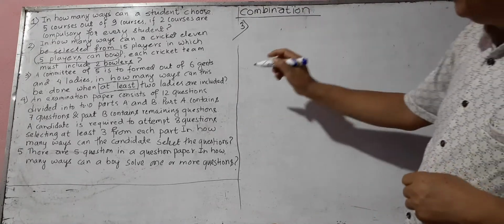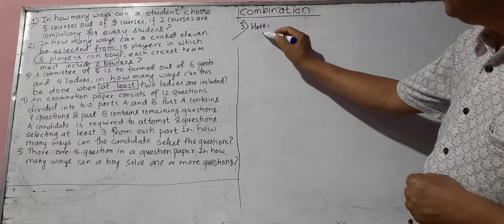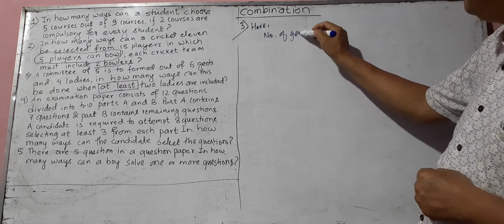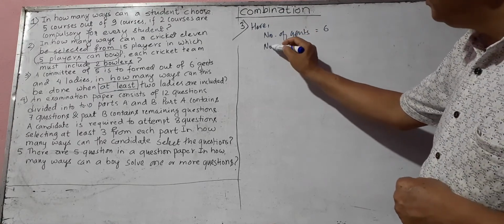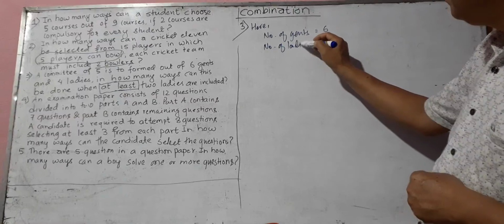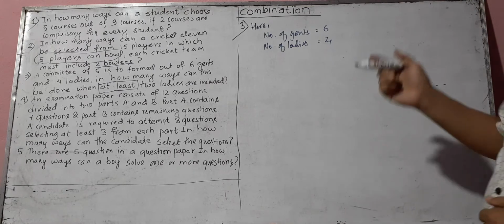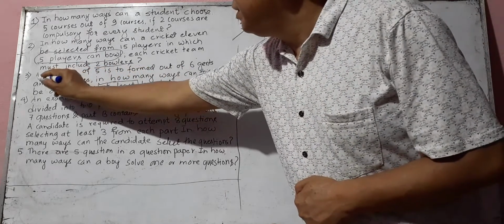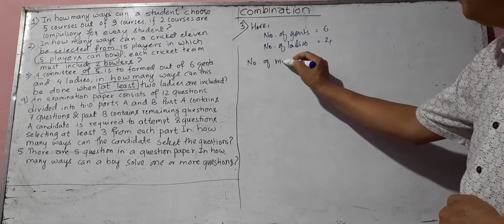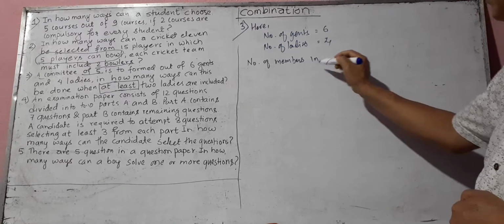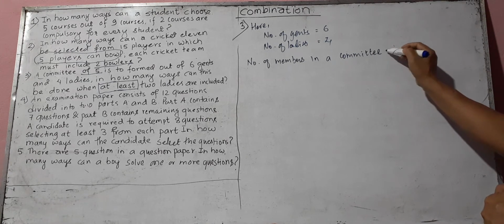So here the number of gents is 6, and the number of ladies is 4, and we have to select a committee of 5. The number of members in the committee is 5.